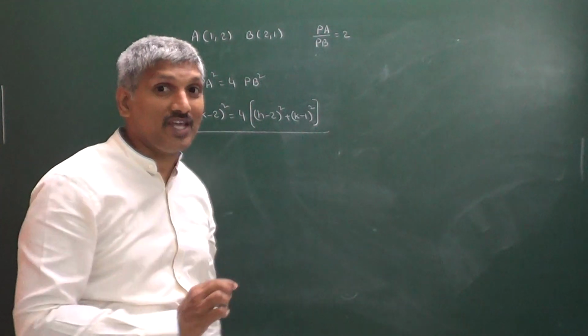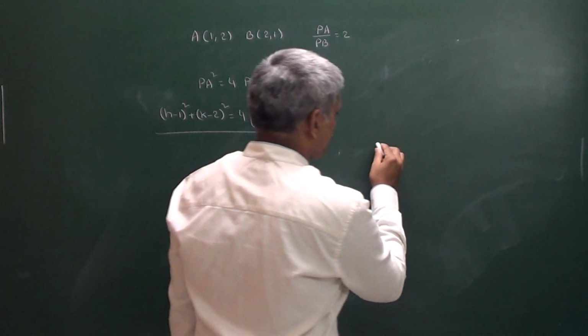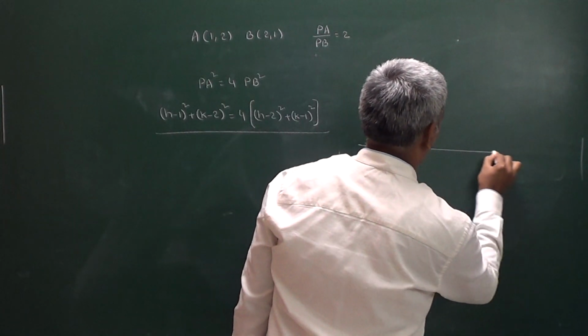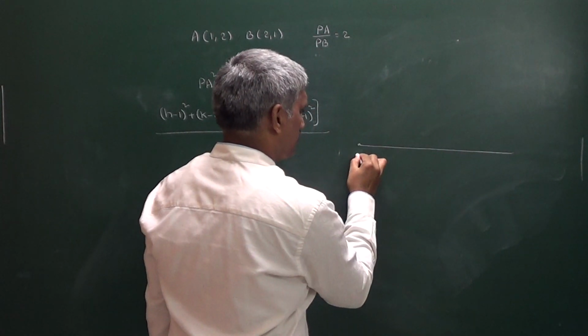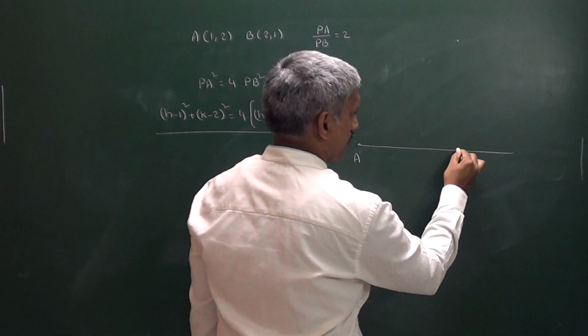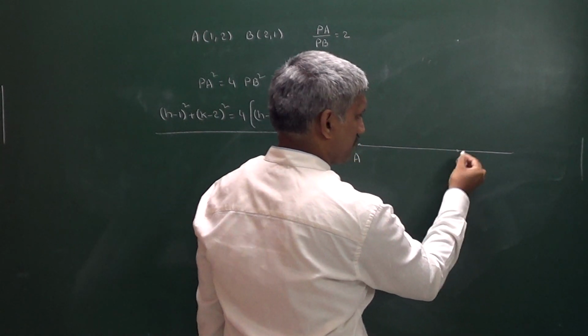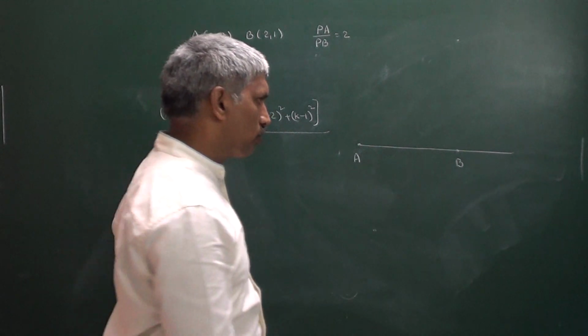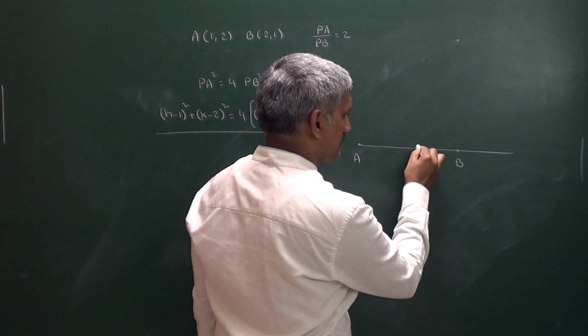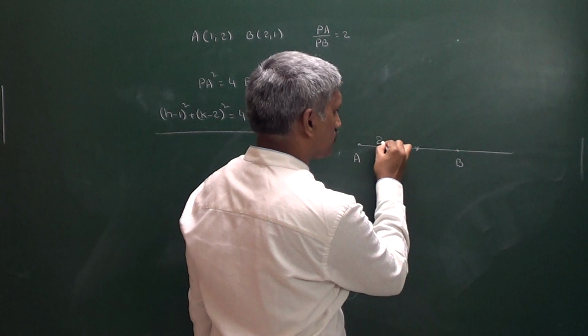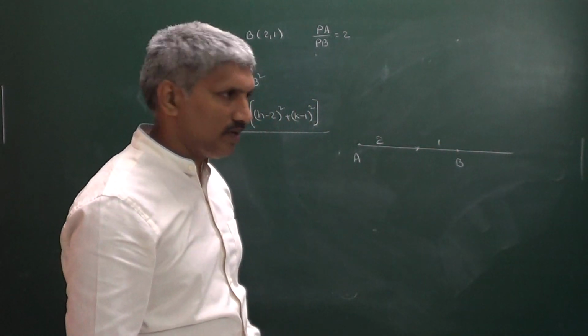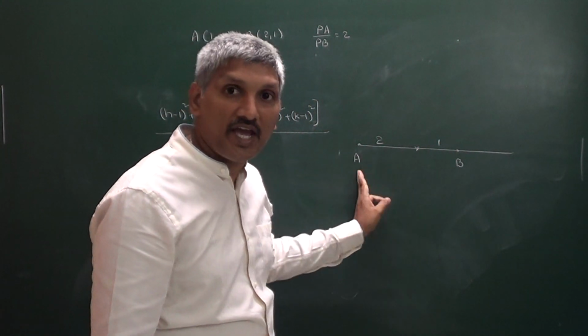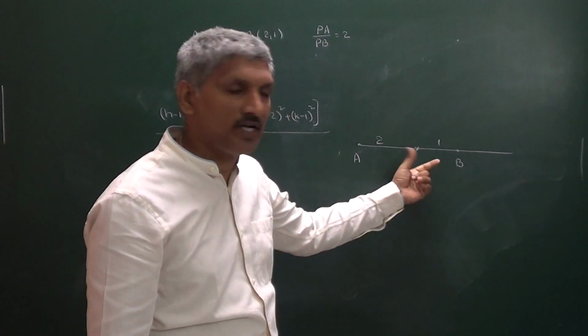Now what is the meaning for this? Observe here. Here one point is there, A, and here one more point is there, B, right? So a point is dividing in such a way, 2:1, because a point divides A and B in the ratio 2:1.